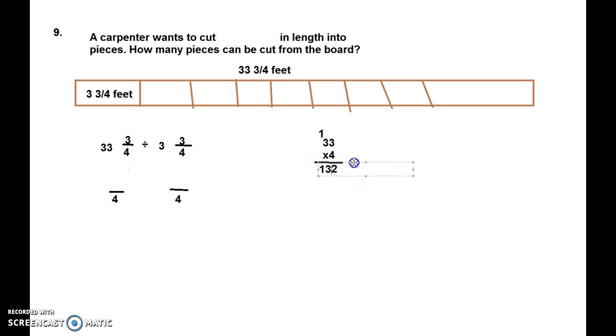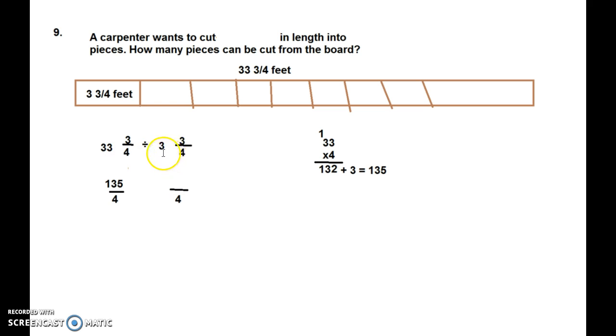So that first number is going to be 132, plus this 3 over here, so 132 plus 3 equals 135, right? That's the number we're going to put over here, 135 over 4. This denominator is going to stay the same.